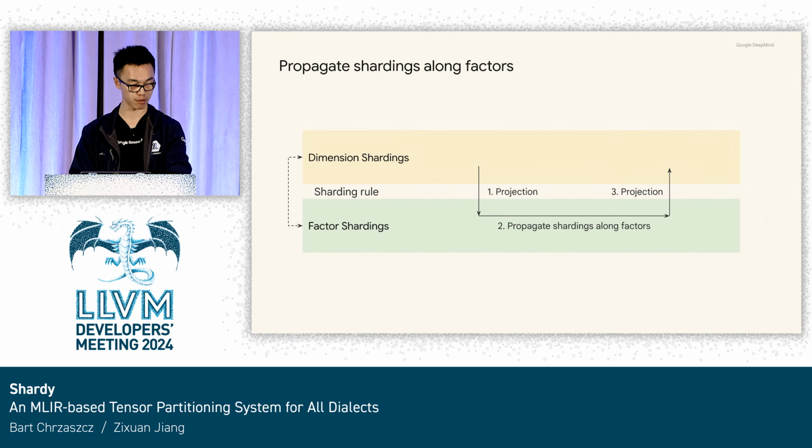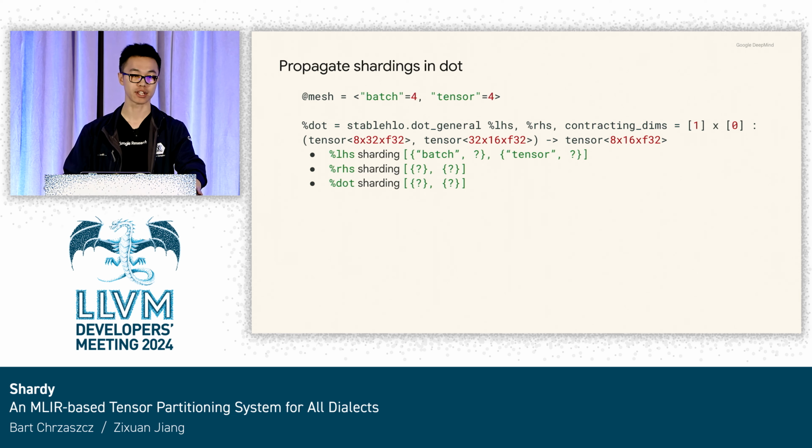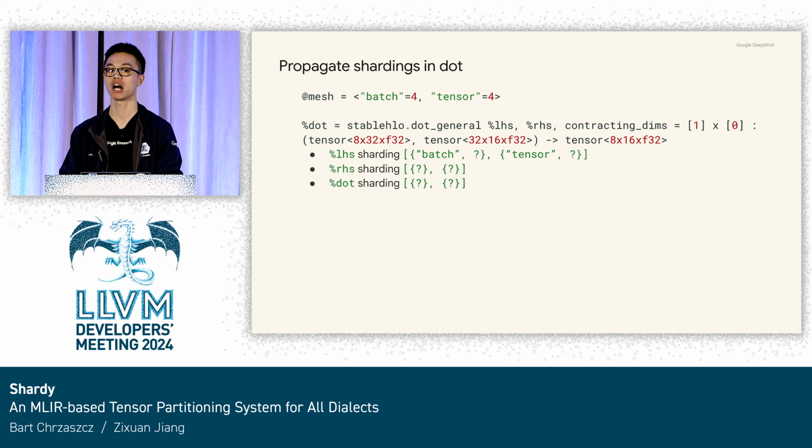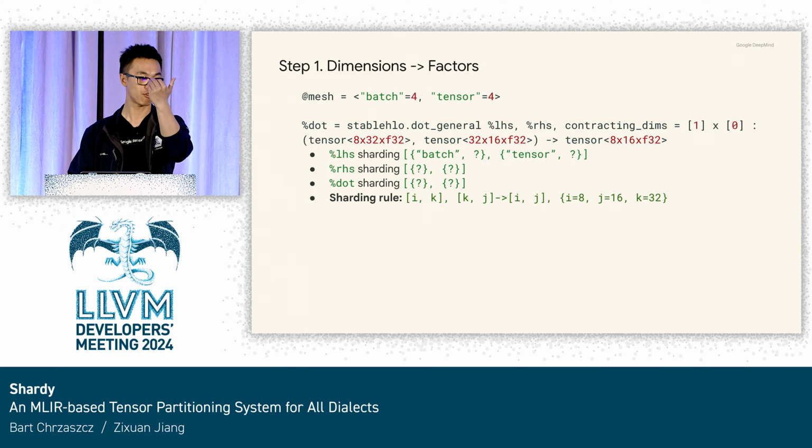Let's take an example with the dot. In this dot general, it's a very standard, simplified version. It has two non-contracting dimensions and one contracting dimension. The first step to handle this propagation is we project the shardings from the dimension space to the factor space.